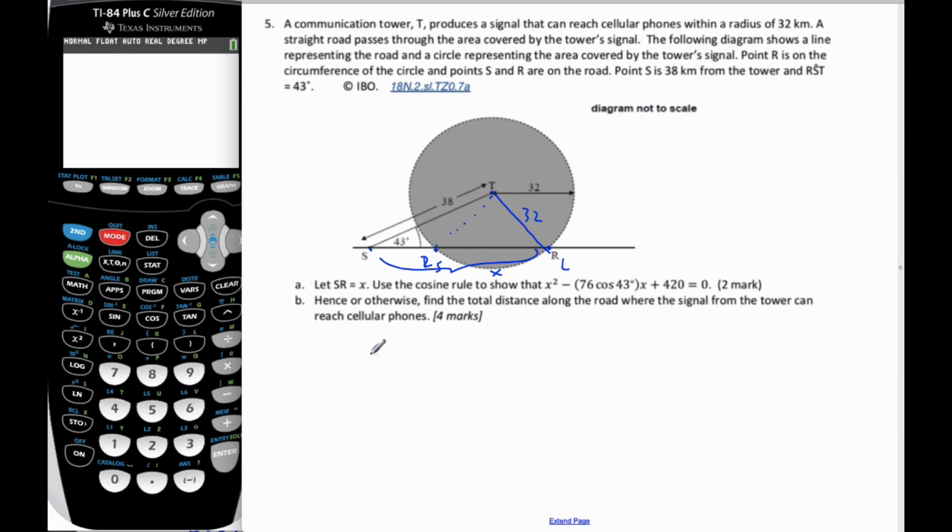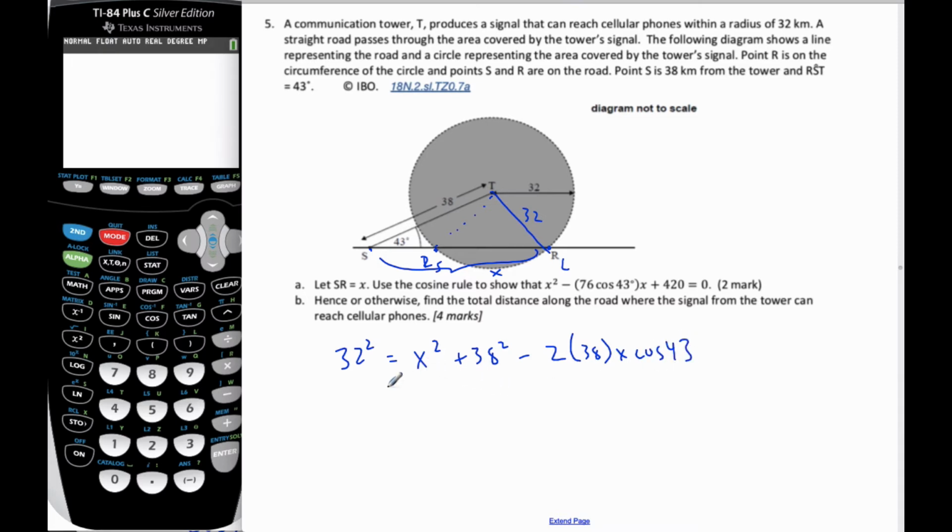So using the cosine rule, I know that the opposite side, 32 squared, is equal to x squared plus 38 squared minus 2 times 38 times x times the cosine of 43.